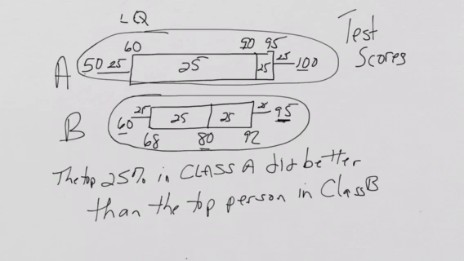Class B was 92 minus 68, which is 24. So Class B, their scores are a lot closer together. That means Class B their scores were more similar than Class A's.